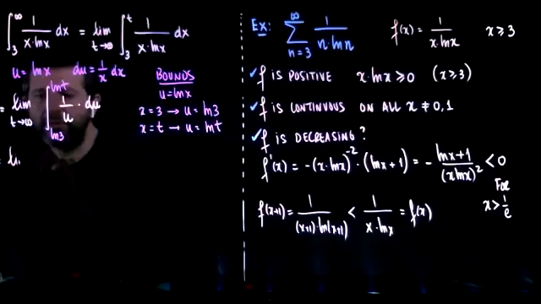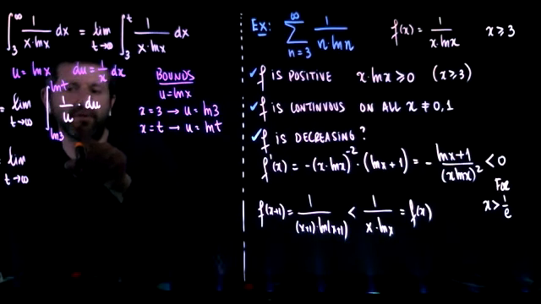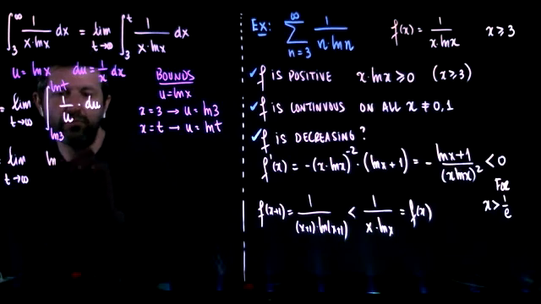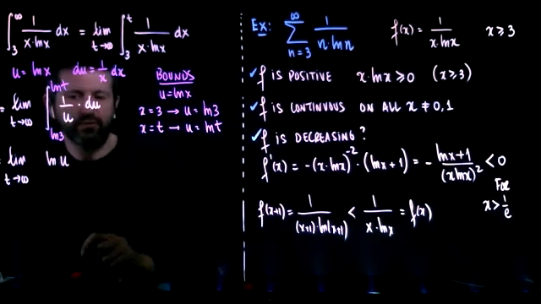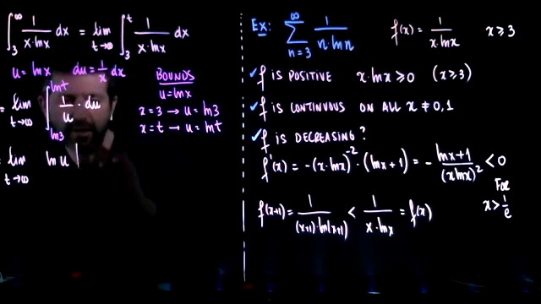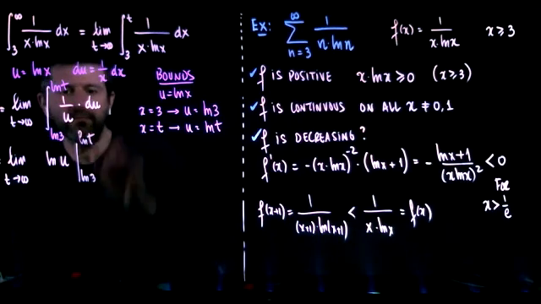Okay, so this equals limit as t approaches infinity. And now this integral is very simple. It's just ln of u, absolute value of u, but anyways, everything's positive, no problem there, evaluated from ln 3 to ln t.